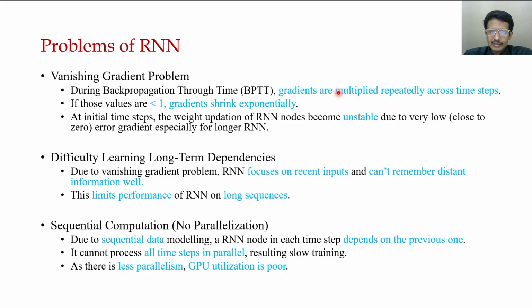These gradients are multiplied repeatedly, a kind of chain rule, across the time steps from the final steps to the initial states. And if these gradient values are less than 1, then these gradients shrink or decay exponentially. If we keep on multiplying a number with a number less than 1, it definitely shrinks very fast.